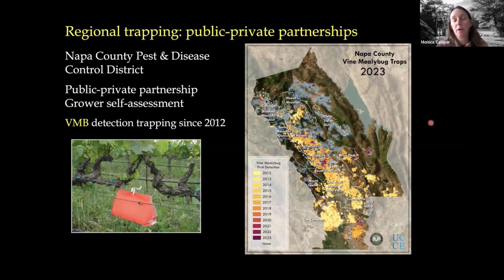These data are publicly available on the Ag Commissioner's website, and so people can access them and say, okay, within this area where I'm farming, are we detecting vine mealybug males? And that was a really important way for us to raise awareness, and then for people to understand how vine mealybug was moving throughout Napa County.